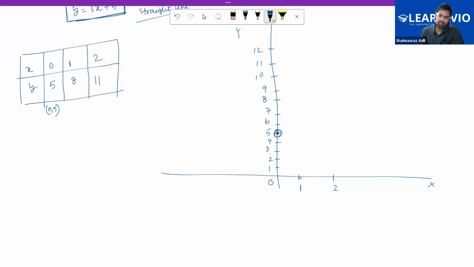Next point is 1, comma 8. So this is the second point. And then the next point is 2, 11. So 2 and 11, this point. So we can see that, what kind of line is this?